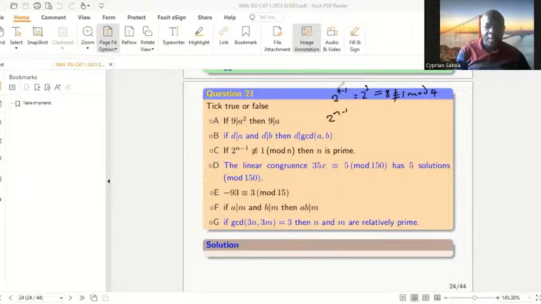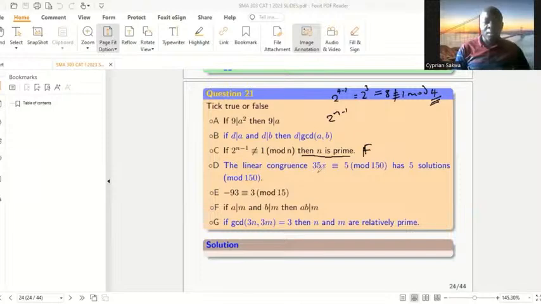So I've taken my n to be 4. I know that this would be 0, and 0 is not congruent with 1. But what I don't like is this part. They say that if this is the case, then n must be prime. But I can see that this n is not prime. So it means that this statement is false.